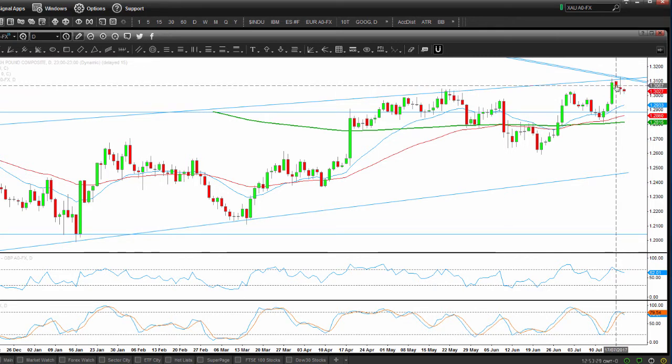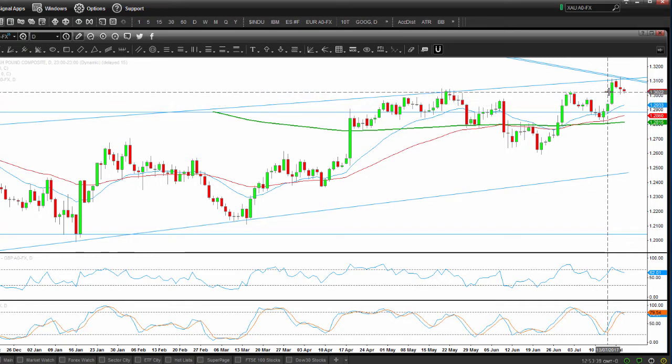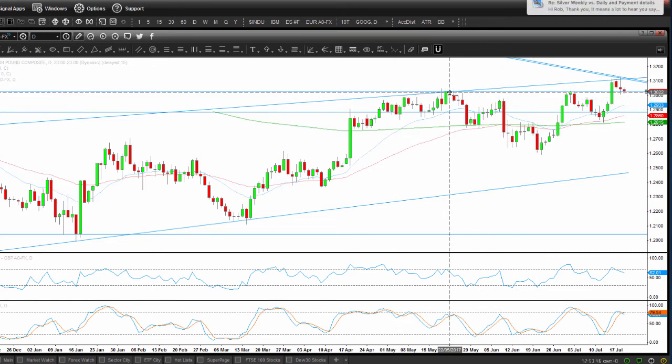We had an inside bar following, and then we had a bearish pin bar reversal. But if the low of this bar is breached here, the bar seen on the 14th of July, then this invalidates this breakout of this level here. And this level is actually quite significant. Here we go. So if we see the low of the bar, which actually broke out above the 1.300 level, then we can reasonably say that this is a false breakout.